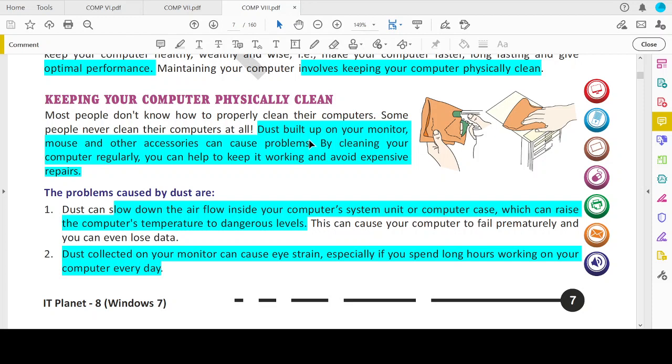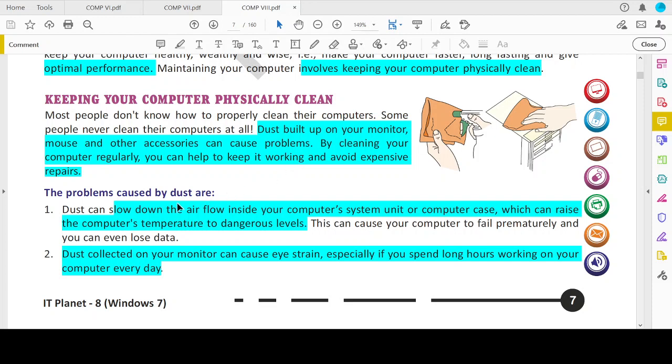It will block the airflow and make the temperature rise inside the computer, so it will be damaged physically. Dust built up on your monitor, mouse and other accessories can cause problems. By cleaning your computer regularly, you can help to keep it working and avoid expensive repairs.